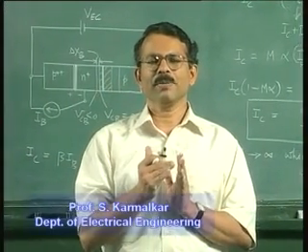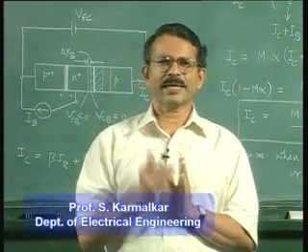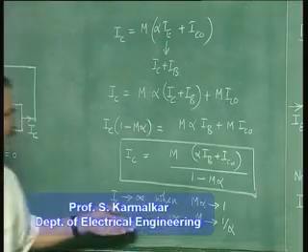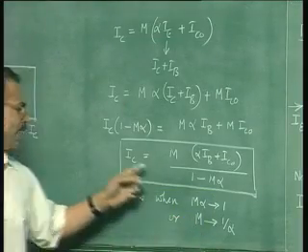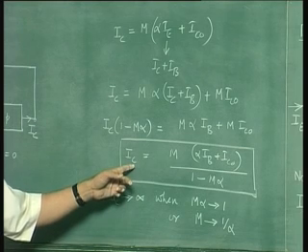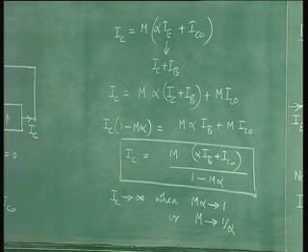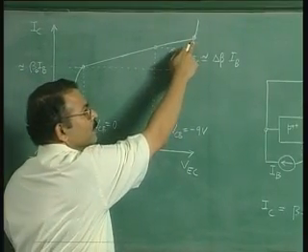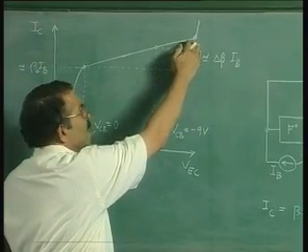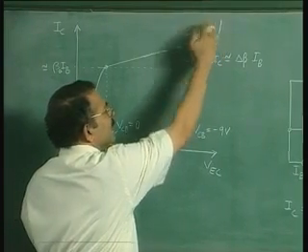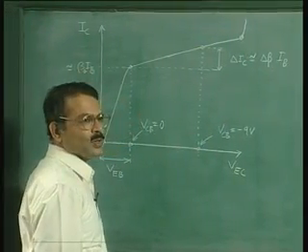So 1 by alpha is a quantity which is slightly greater than 1. So even if there is a slight amount of multiplication, what this shows is that the current IC will tend to infinity. Okay? Now this is what is happening here. At this point your multiplication is becoming equal to 1 by alpha, and at that point the breakdown occurs.